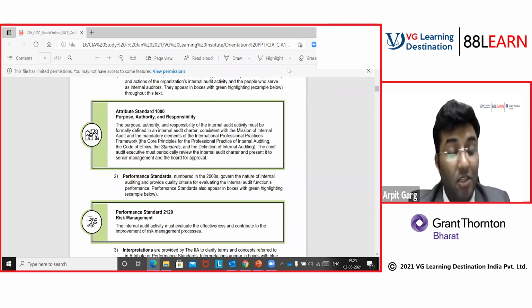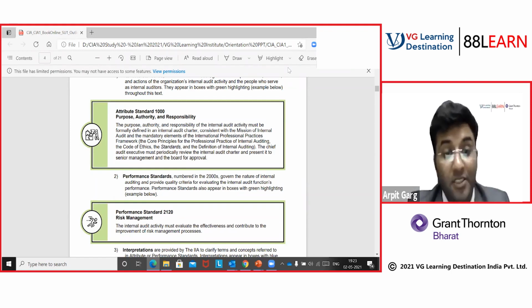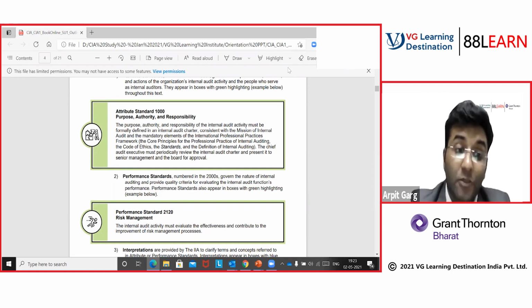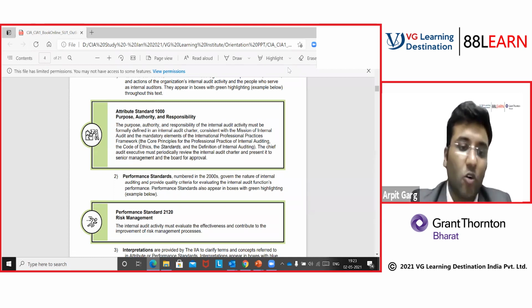What are the 4 things covered in mandatory guidance? Sheetal says attribute standard, performance standard, interpretation, implementation. These are 4 types of standards. Vishal says the definition, the core principles. What else? The standards. What else? Core principles, definitions, standards, and code of ethics. Completely covered that, Vijaya. Wonderful.